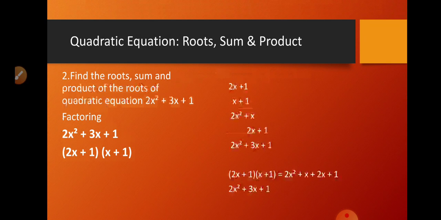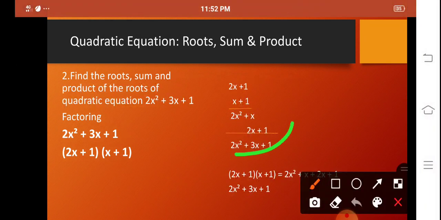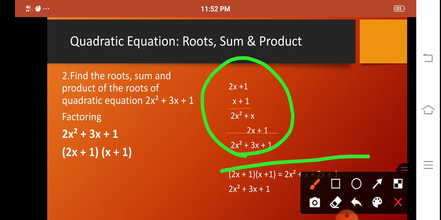So by the vertical method, here's the vertical method and there's the horizontal one. So we have 2x plus 1 times x plus 1. x times 2x is 2x squared. x times 1 is x. Then 1 times 2x, that's 2x.